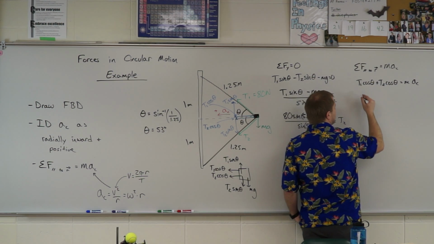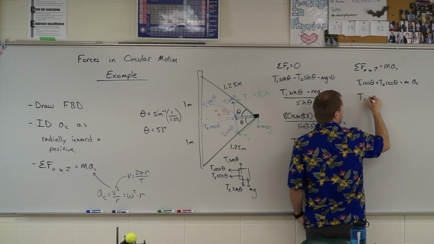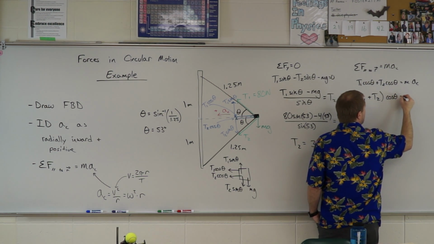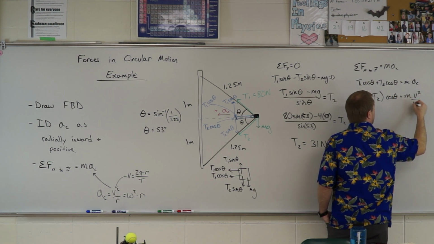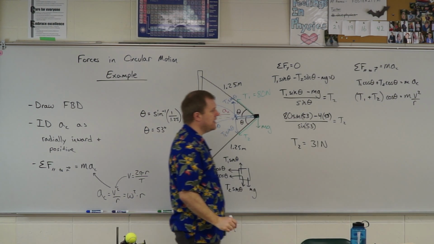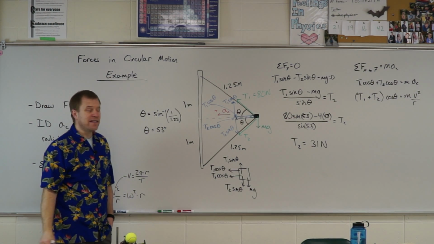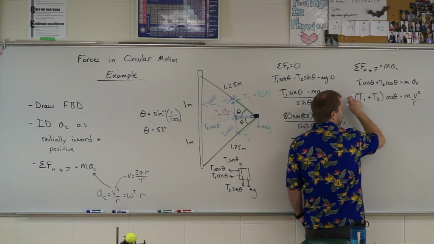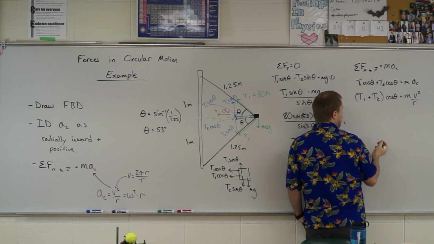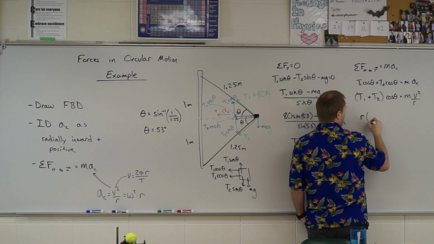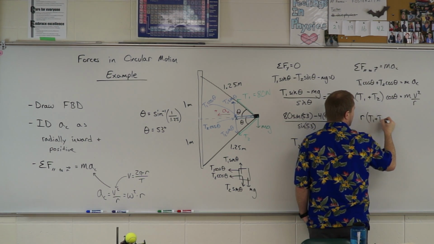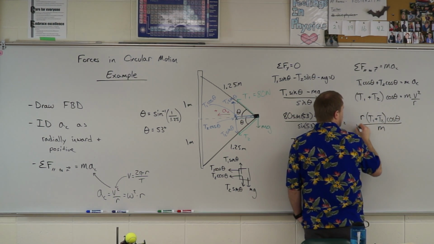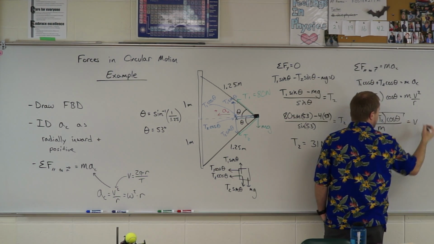I'm going to factor out a cosine theta here as well, so T1 plus T2 times the cosine of theta equals m v squared over R. Now it's just a matter of isolating that v and getting a number there. So I'm going to multiply by R, divide by m, and take the square root. So I have R times T1 plus T2 times the cosine of theta, all divided by m. Take the square root will give me my speed.